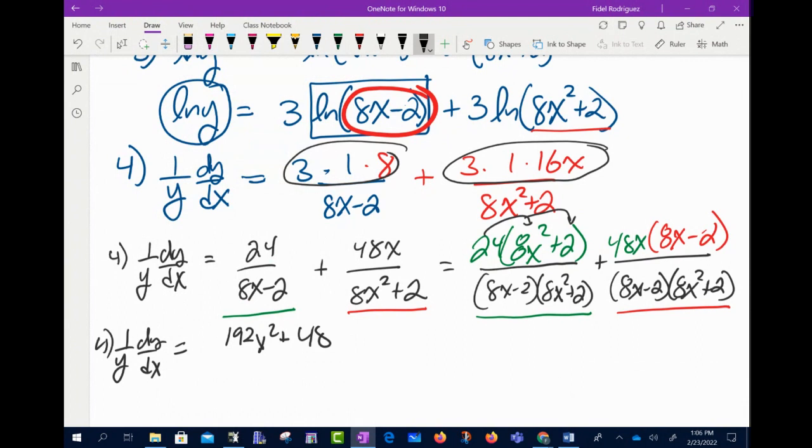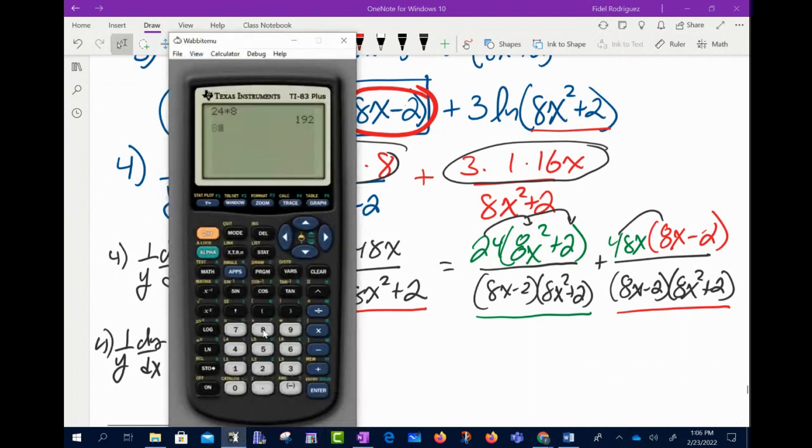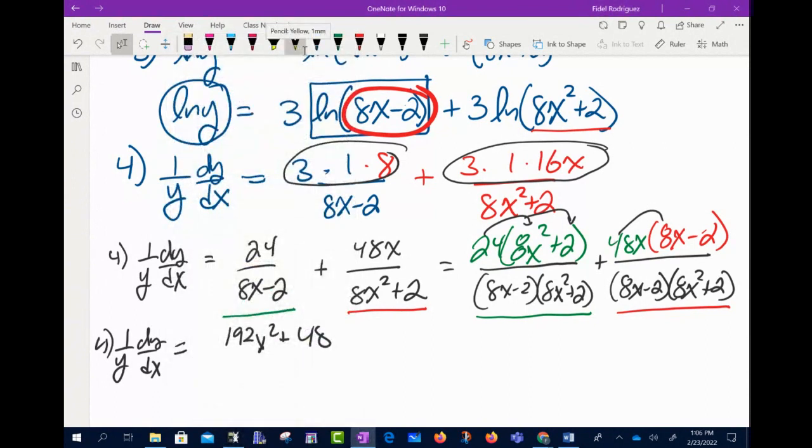I know that's 48. 48 times 8 is 384, so that's 384x squared, minus 48 times 2, which should be a negative 96x.